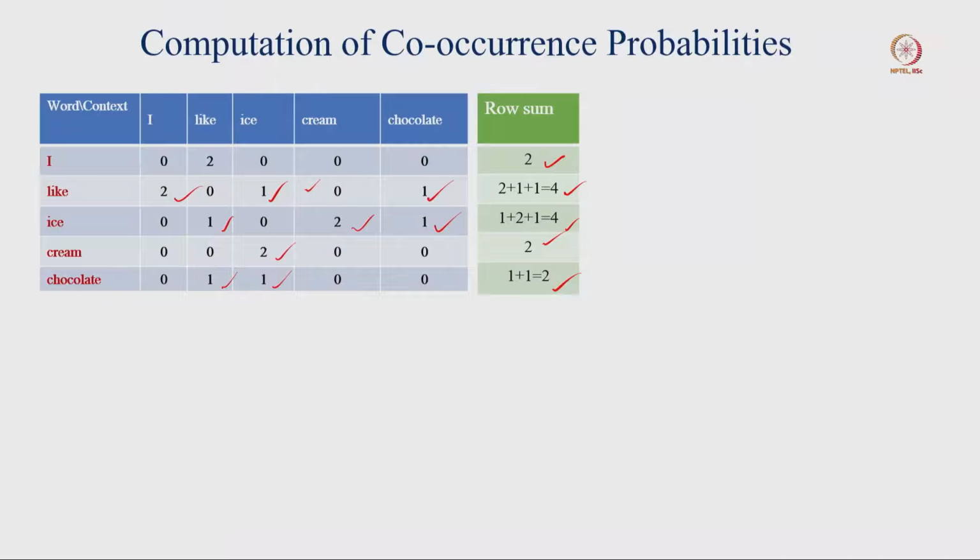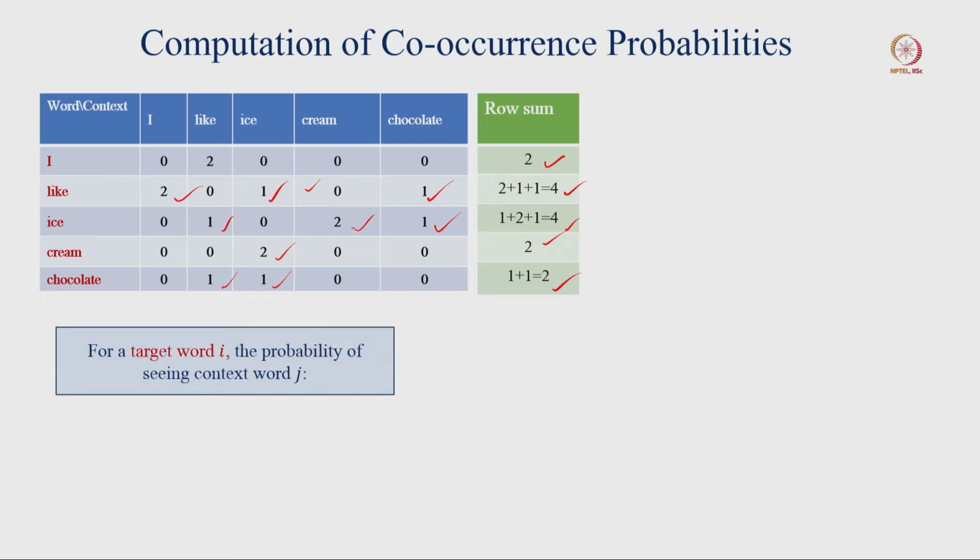Why do we want the co-occurrence probabilities? Very simple. If the co-occurrence probability is high, that means there is a semantic relationship present between those two words. So, how do we compute the co-occurrence probability?